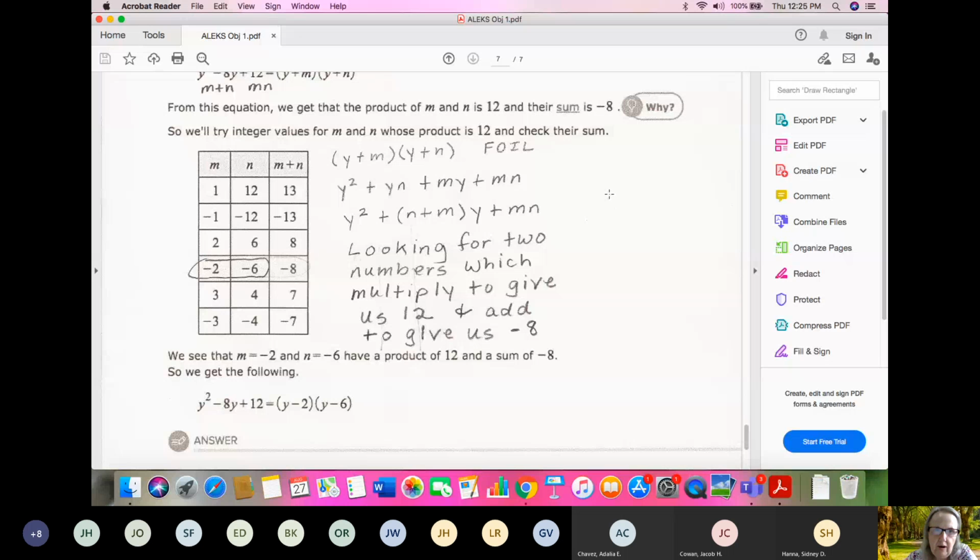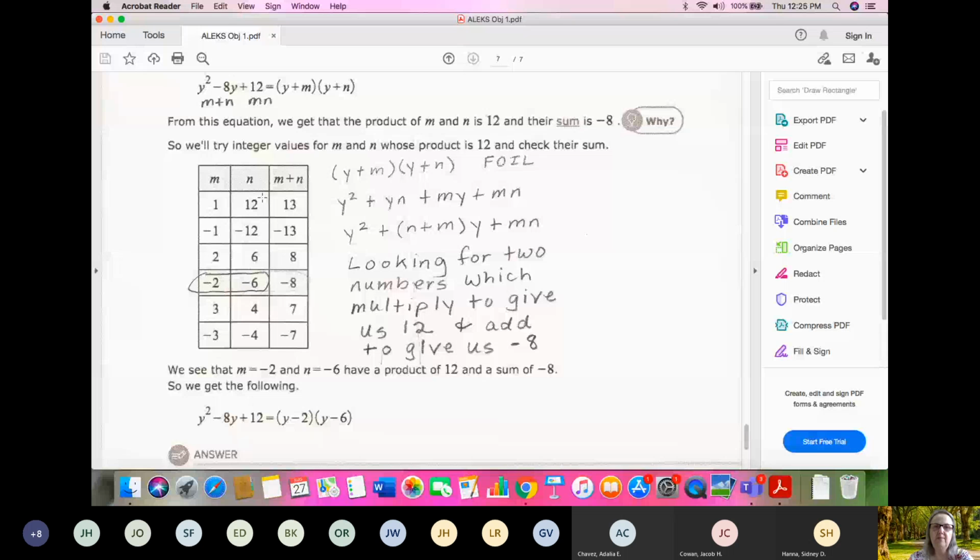So what we are looking for are two numbers to give us 12. That's what ALEKS is calling M and N. Certainly 1 times 12 gives us 12. And then what are we going to do? We're going to add M plus N together. 1 plus 12 is 13.